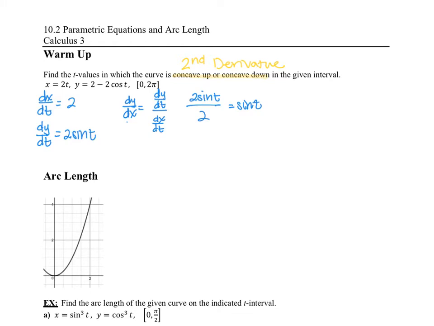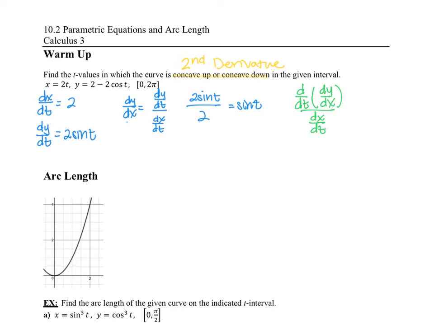Now, remember, if I'm going to look for concavity, I need the second derivative. So what I'm going to do now is use the formula we said yesterday, which is the derivative with respect to t of dy/dx all over dx/dt, as long as dx/dt isn't equal to 0, but we know that dx/dt is equal to 2, so we're good.